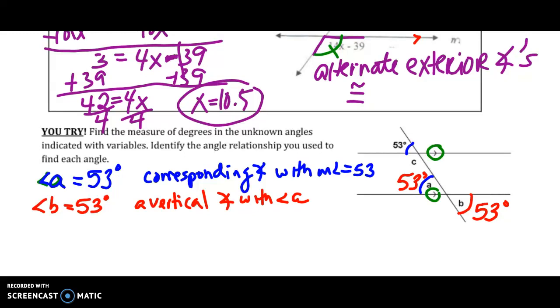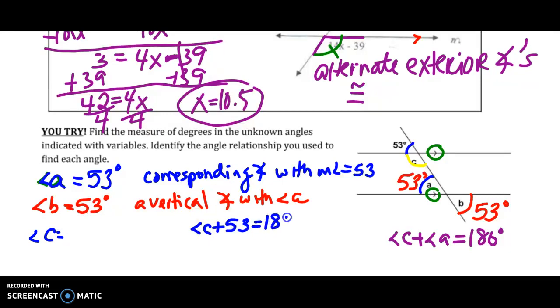You have two options. You can notice that angle C plus angle A will be 180 because they are consecutive interior. More likely, though, that you will notice that the 53 and the C form a linear pair. So angle C, we would have angle C plus 53 equals 180.